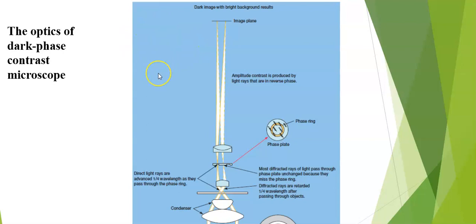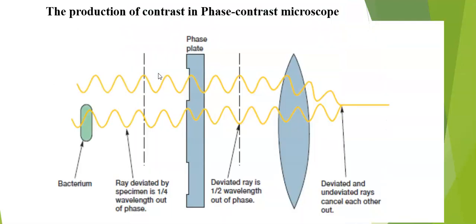Let's move on further and see the mechanism by which the contrast is generated using phase contrast. If you see, this is a bacterial cell. The ray which will be deviated by the specimen is 1/4 wavelength, which is not in phase, it is out of phase. So here we have a phase plate, as we saw within the diagram.